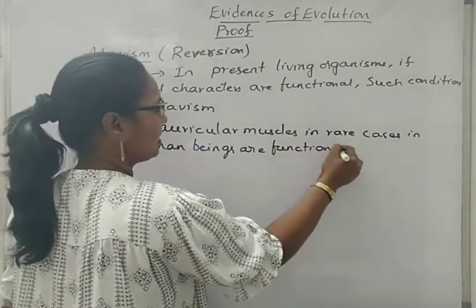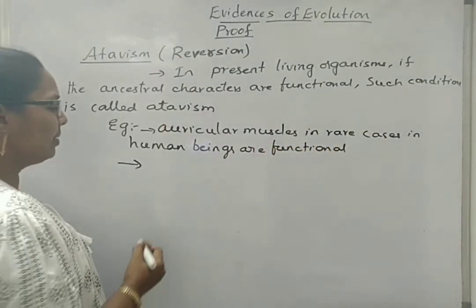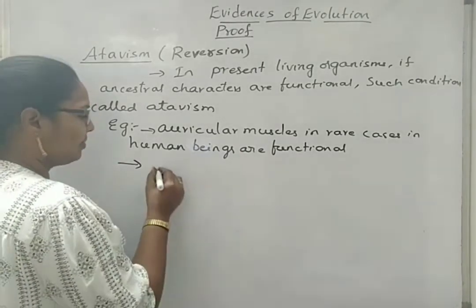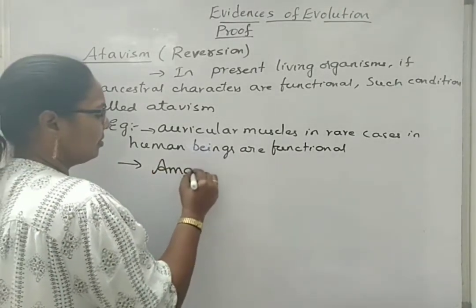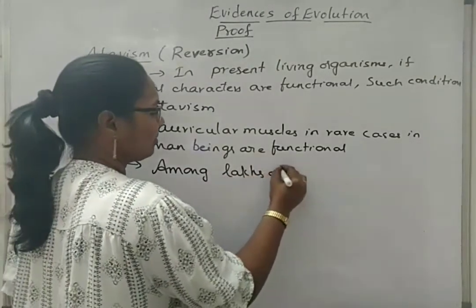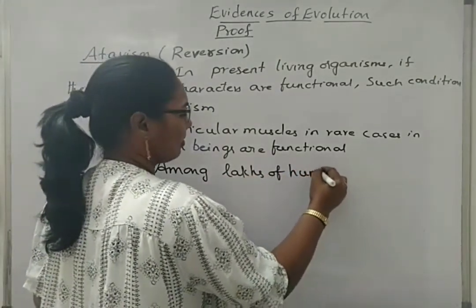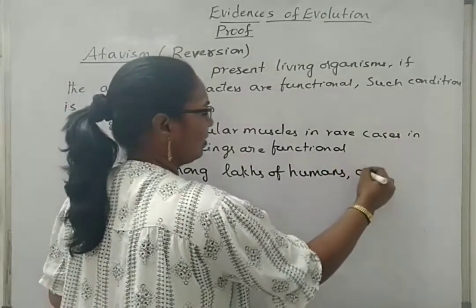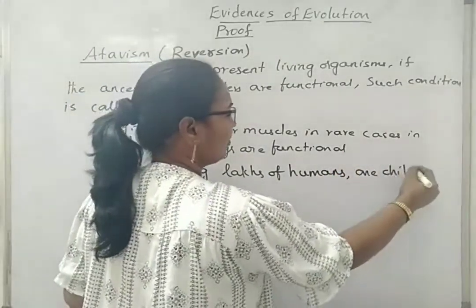This is one example. Another example is the presence of tail. Among lakhs of humans, one child will be born with a tail.